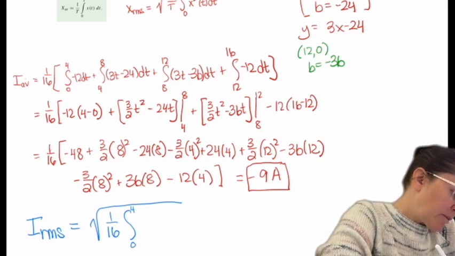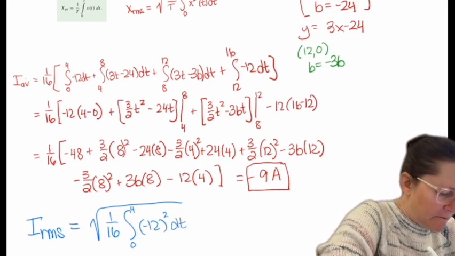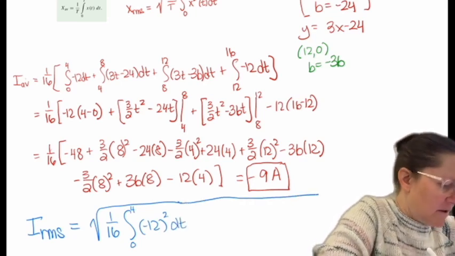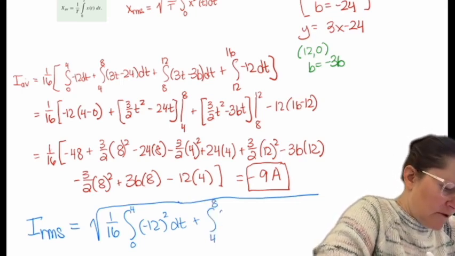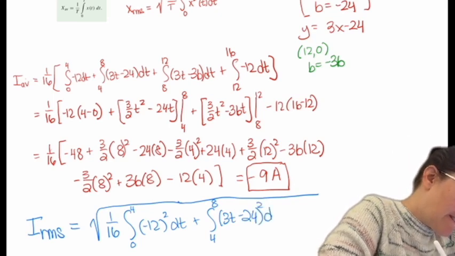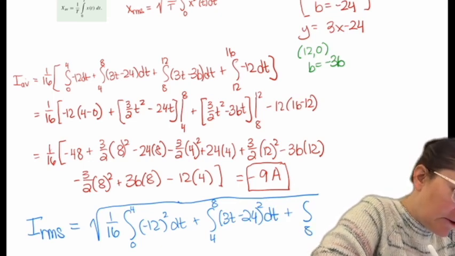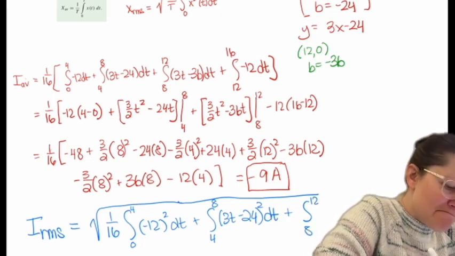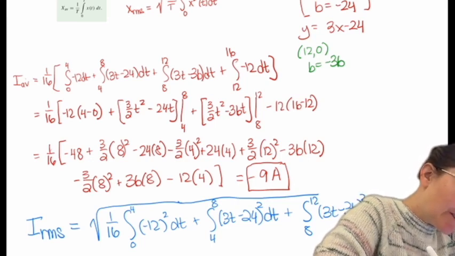No, because these become squared. So remember, it's minus 12 squared dt. Functions can be tricky when you square them, so you can't just do that. This is where you're going to want to use a calculator instead of doing this part by hand, using Wolfram or some other calculator to do your integration.